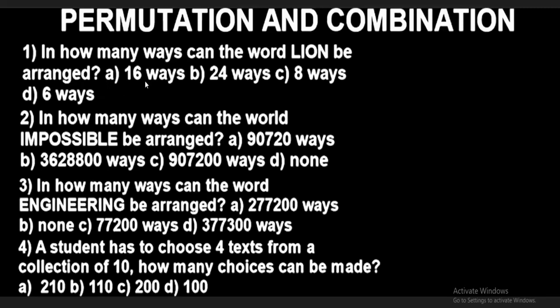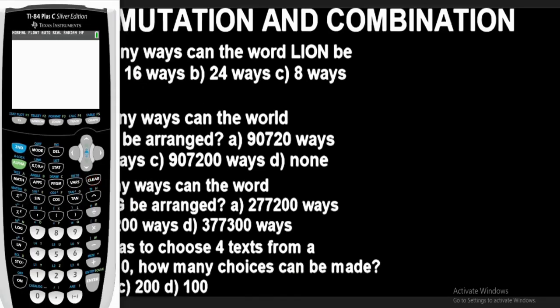So to solve this question, let me bring the calculator. Firstly, there are 2 ways you can do it. You can make use of the permutation process to do it. Now let me show you. The word LION has 4 letters that make it up, and there is no duplication of any letter in the word.